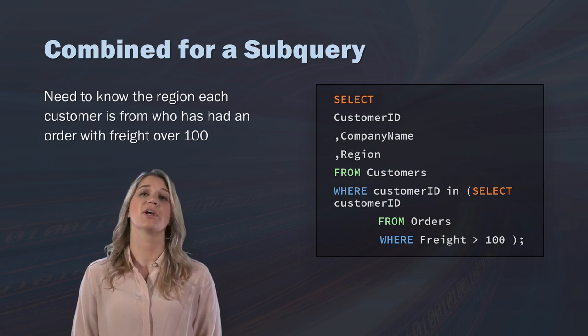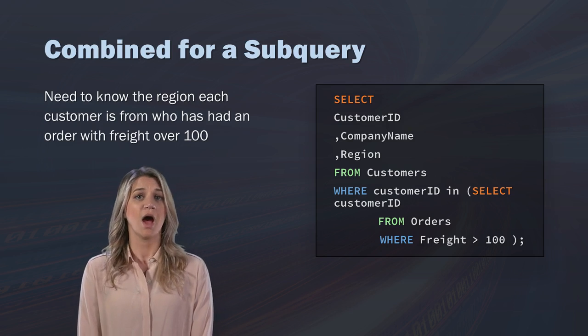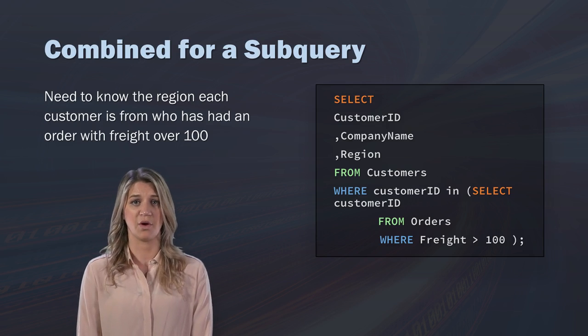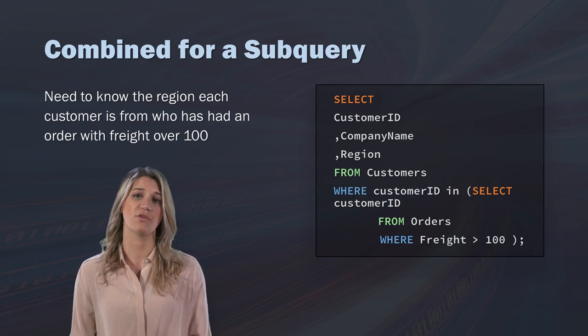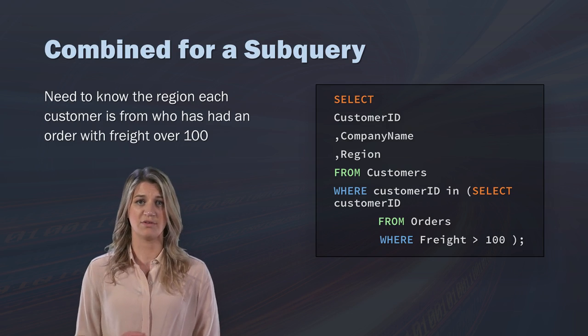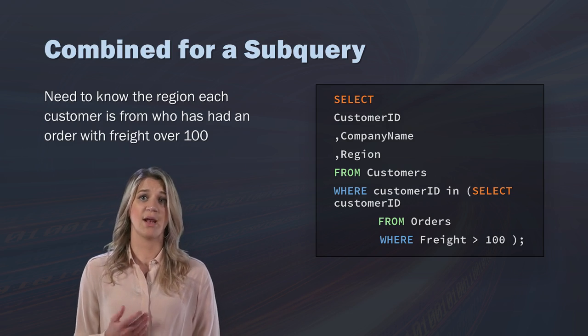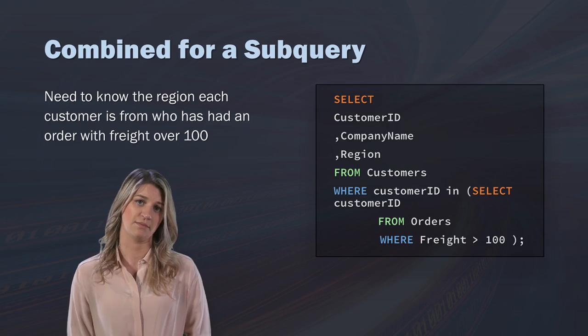My filtering criteria in this example is to find records where the freight is over 100. I'm first going to take that first query I wrote, which is to select the customer IDs from orders where freight is over 100. And that's going to be my main base. I'm going to filter down to that, and then I'm going to go and expand and add on to it. This is your innermost query.